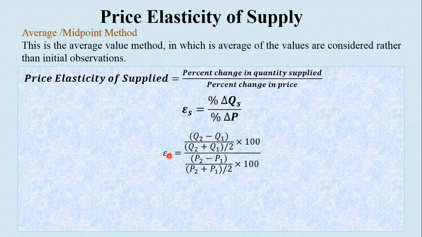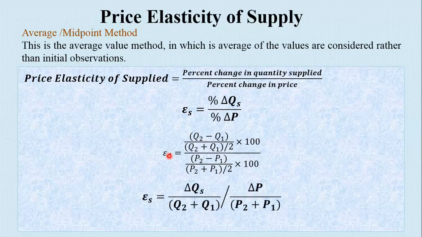Similarly, P2 minus P1 divided by P2 plus P1 over 2, multiplied by 100. 2 cancel हो जाएगा and the formula will turn into this. ES equal to delta Q S over delta P S. Delta Q S इसलिए लिया कि Q2 minus Q1 को हम delta Q S भी कह सकते हैं, इसी तरह delta P S भी कह सकते हैं. ठीक है. This formula will turn into this format.